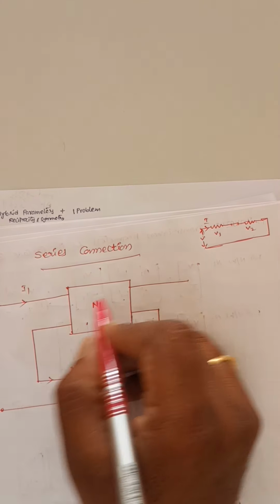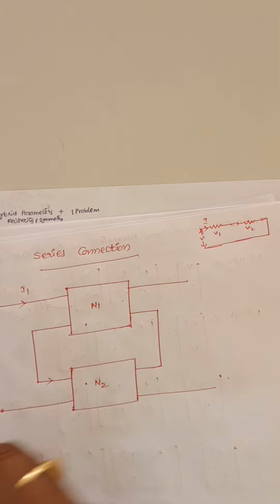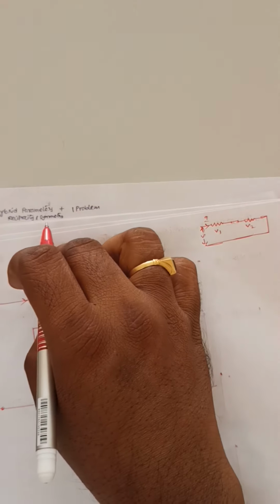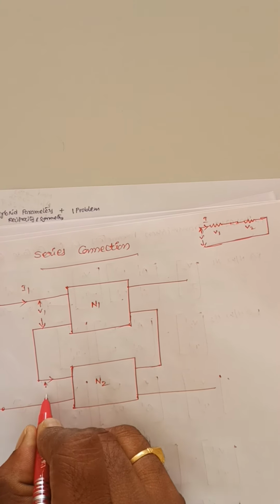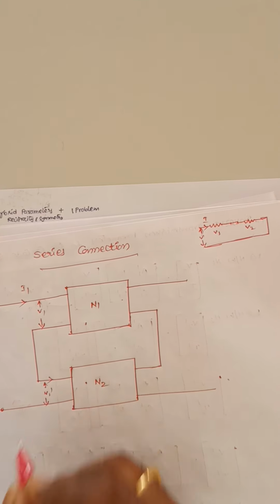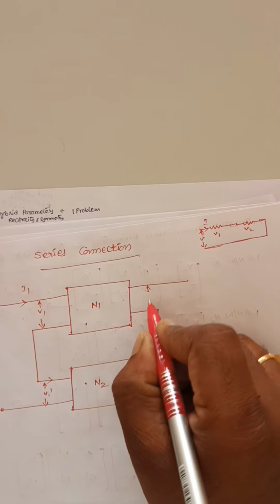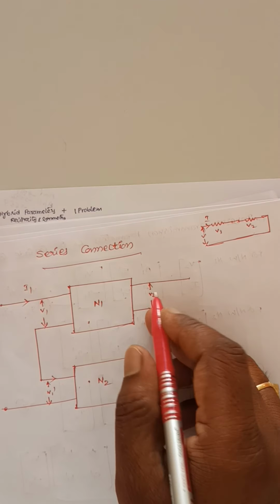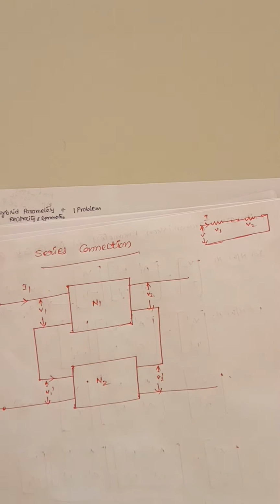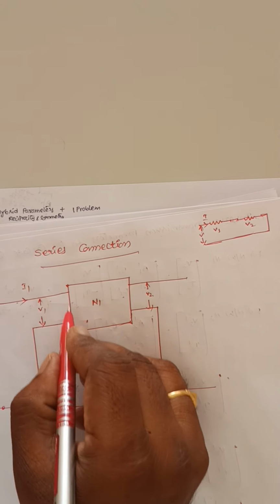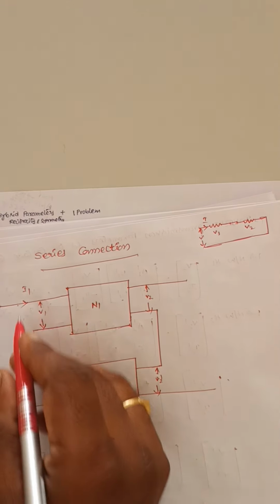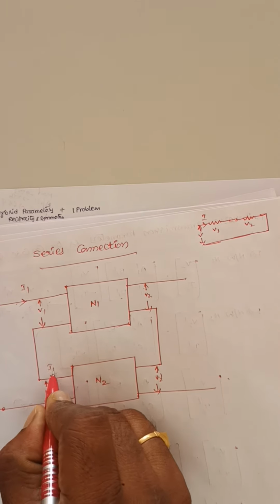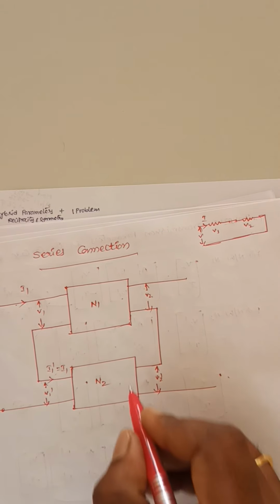Let us assume the notation here. The voltage here is V1, here it is V1 dash, here it is V2, here it is V2 dash. The voltages are divided, the voltages are different, but the current is the same: here I1, here also I1. So let us take I1 dash, which is equal to I1.